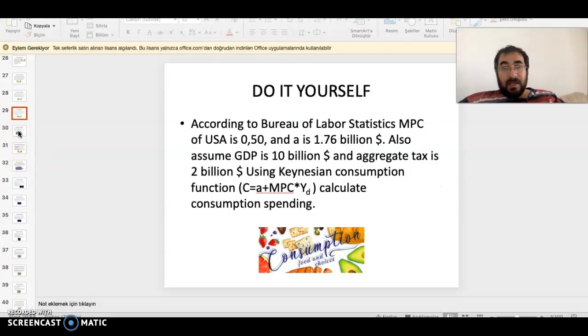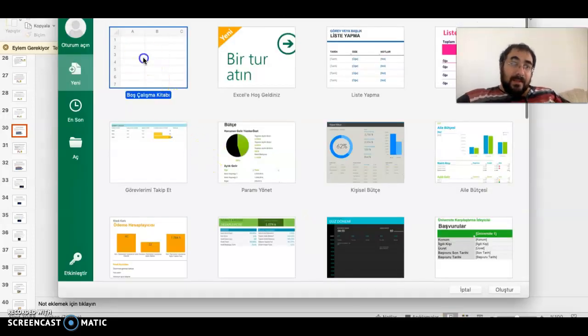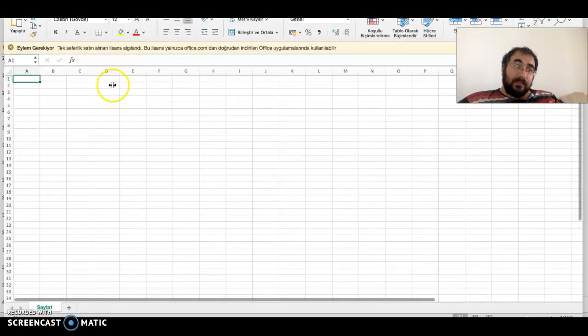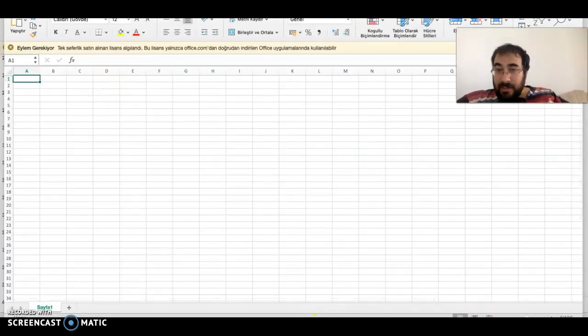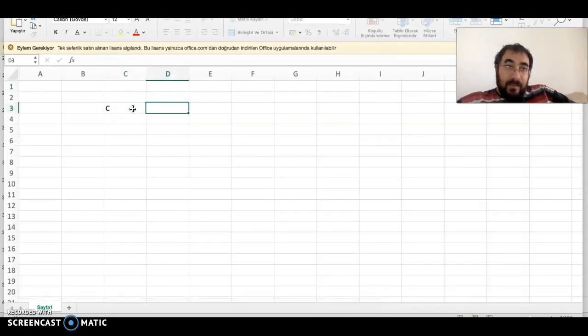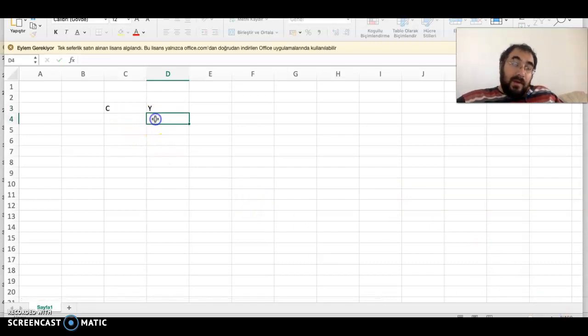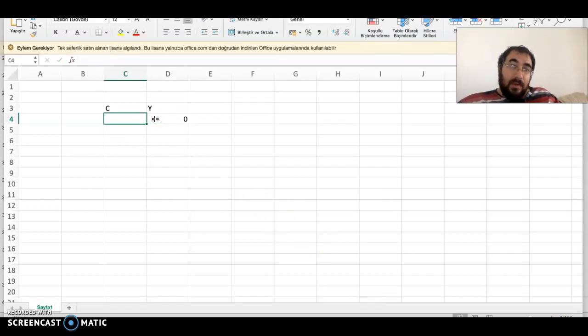So we start from here, and note that we can also draw the graph for this. Let's also do that. I open Excel. Let me make it a little bit larger. So C and Y. So when y is 0, I know my consumption is 1.76 billion.